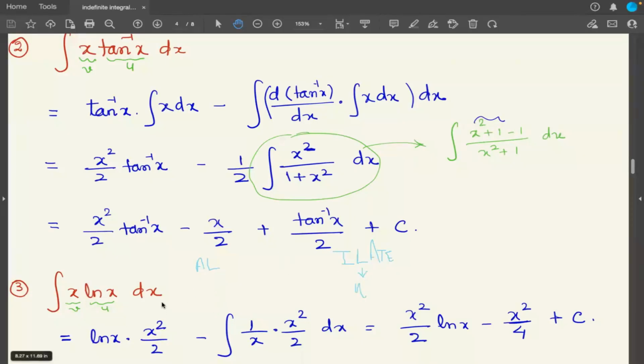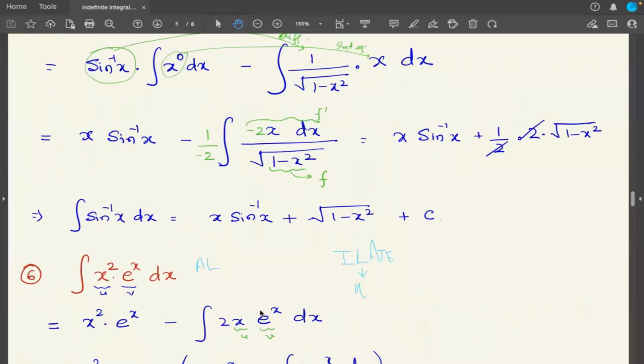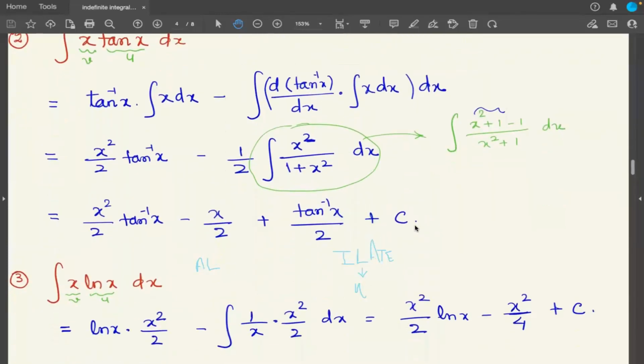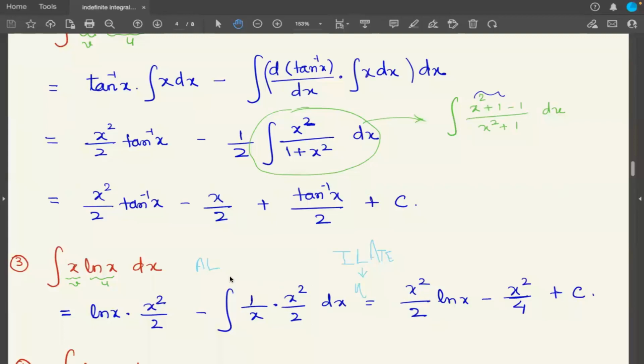ओके, पहले हमने ये डिसाइड कर लिया कि यू किसे लेना है, वी किसे लेना है, एंड वी गेट दैट यू विल बी लोगैरिथमिक फंक्शन. हमने उसे बाहर करा एंड एक्स को इंटीग्रेट करा, एंड इट्स इंटीग्रेशन विल बी x square by 2, एंड देन 1/x क्या हुआ, हमने u जिसे लिया था उसकी डिफरेंशिएशन लिखी हुई है, एंड देन x को वापस इंटीग्रेट करना था विच विल बी लाइक x square by 2. एंड व्हेन वी रीसॉल्व द प्रोडक्ट, जब हमने इसे सॉल्व करा, यहाँ पे जो भी आया, डिफरेंशिएशन ऑफ u एंड इंटीग्रेशन ऑफ v, इट विल बिकम लाइक x by 2.